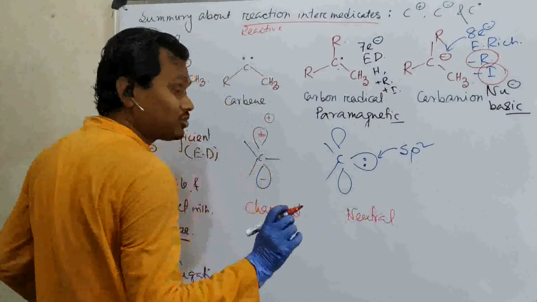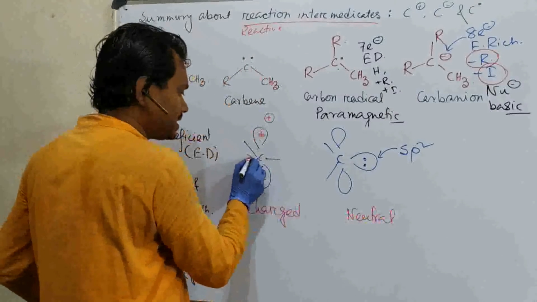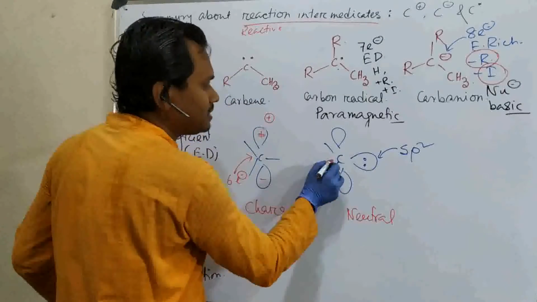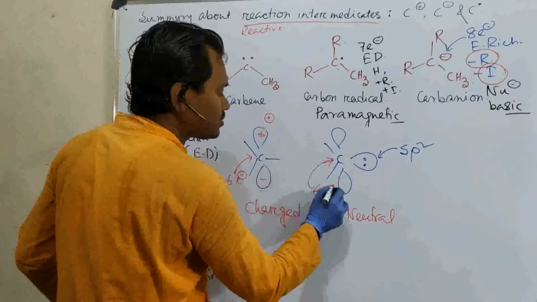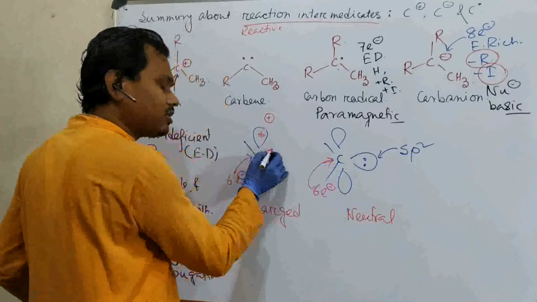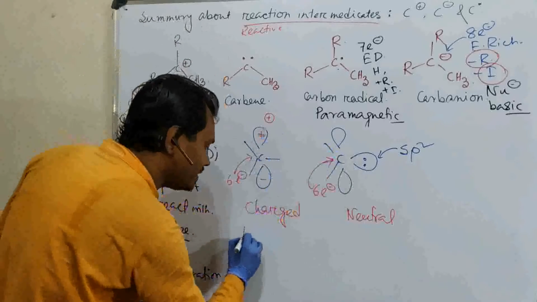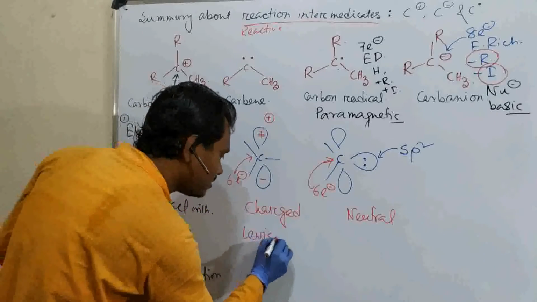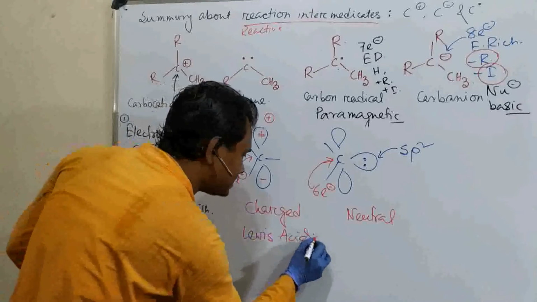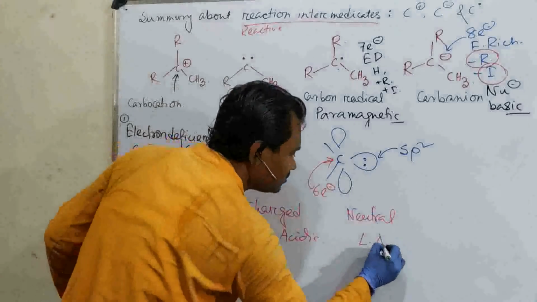Just a comparison, I am not saying difference. This is a 6 electron species, this is also a 6 electron species. This is electron deficient, this is also electron deficient. You may consider this Lewis acidic, and this is also similarly Lewis acidic.